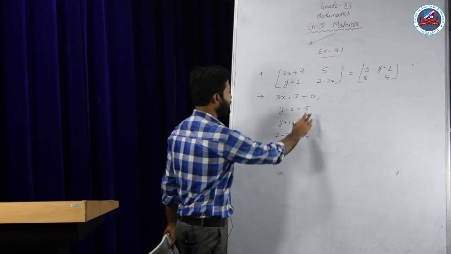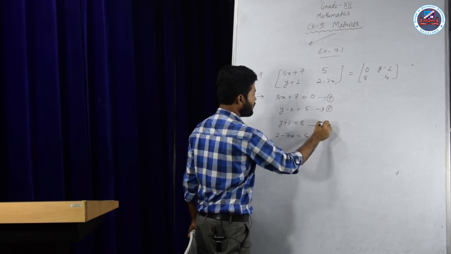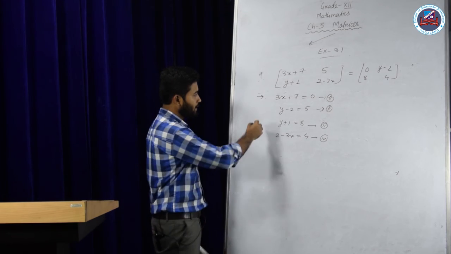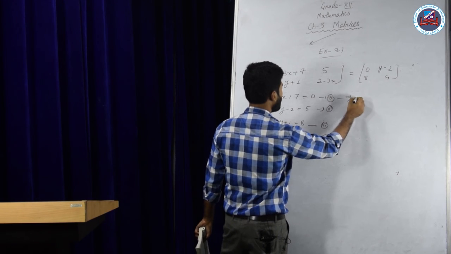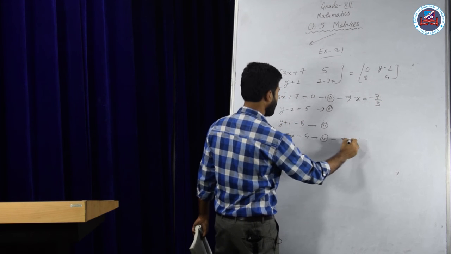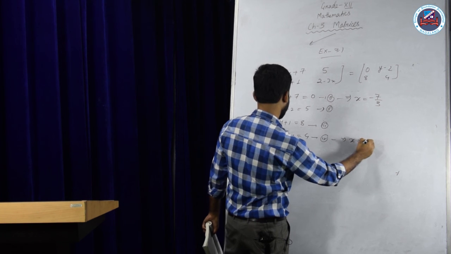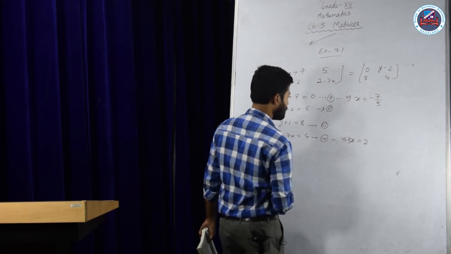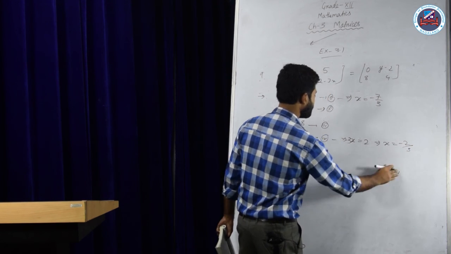Okay. So this is our equation 1, this is equation 2, 3, 4. For our purpose, let me take equations 1 and 4. So from 1 what we have? We have x equal to minus 7 by 3 and here we have x equal to, if the 2 goes that side, it will be minus 2 by 3.